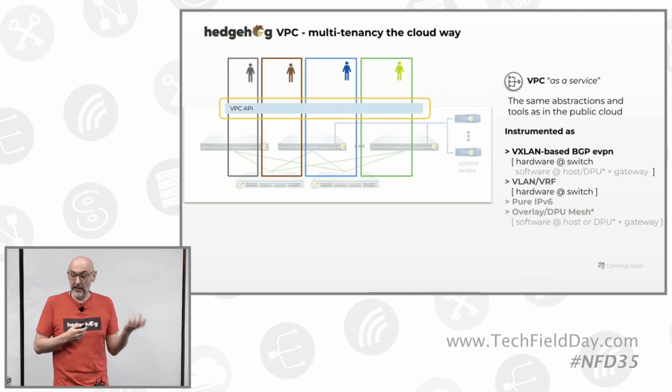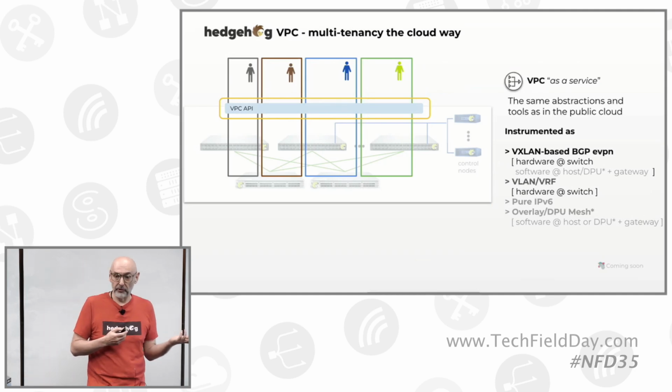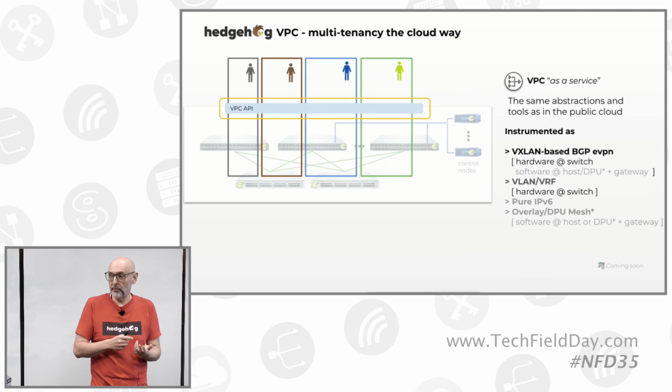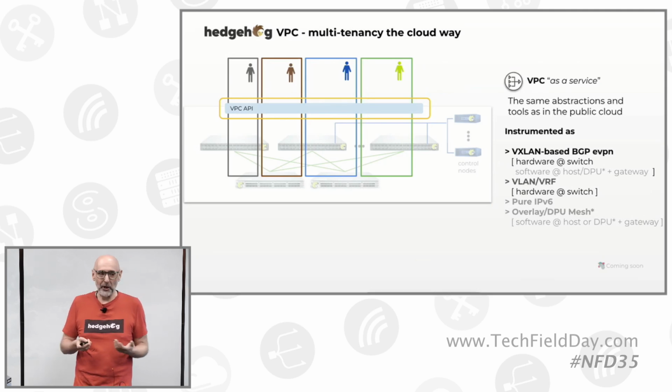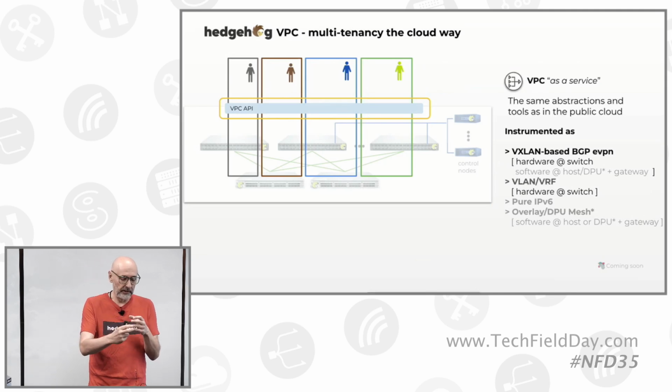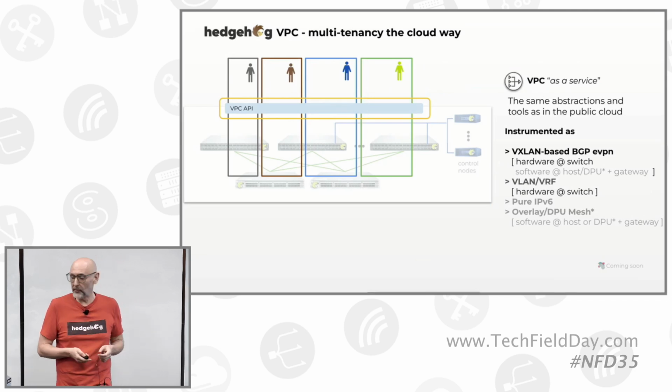It can be done as VLAN VRF, for the platforms that cannot do VXLAN, or for the platforms that cannot do QoS when you run RoCE v2 in VXLAN. Because you need to be able to treat QoS within the inner packet when you're encapsulated.